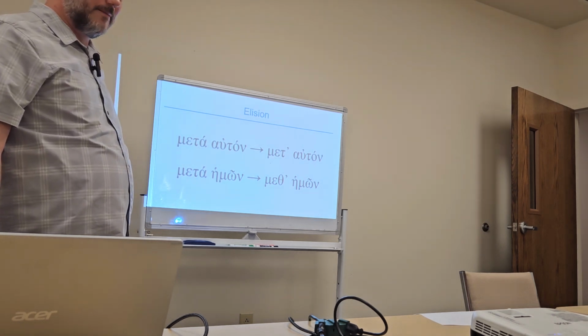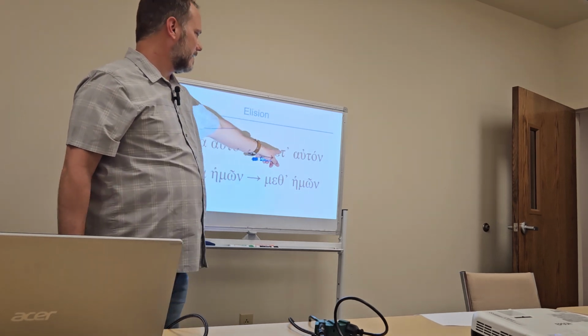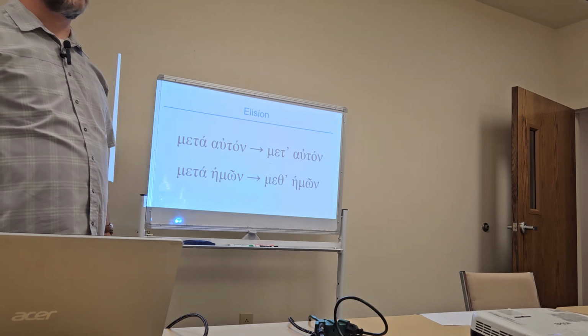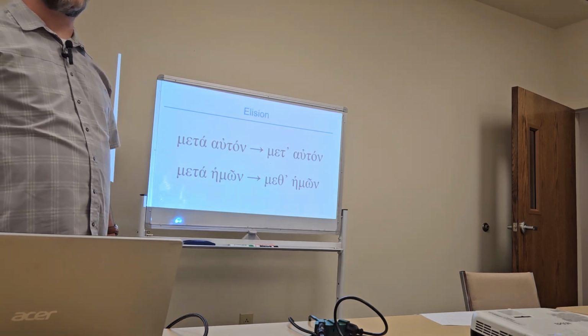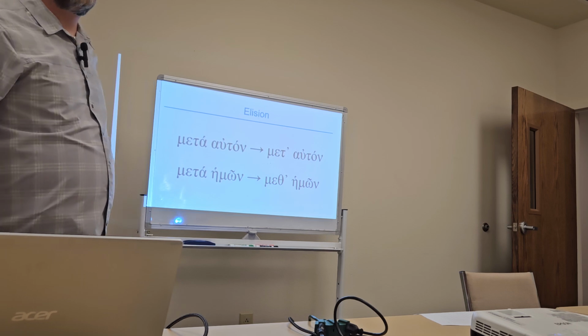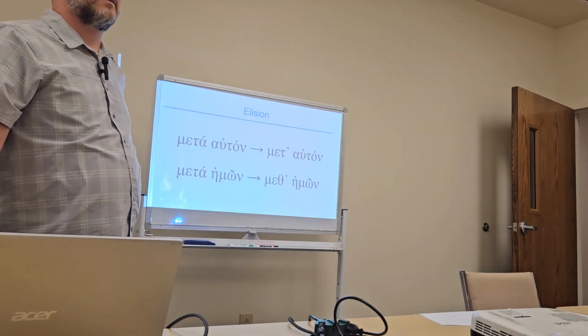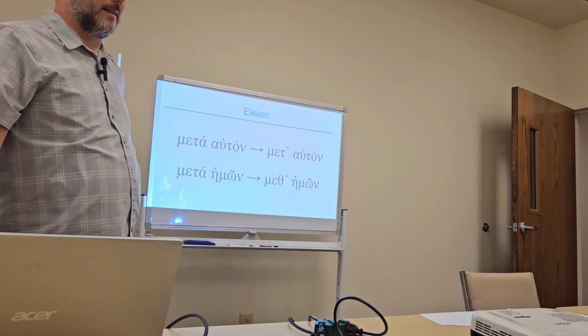So when we see this in our translations, once you start seeing your little apostrophe mark, think of it exactly how you would have it in English, like a contraction, if you will. If you want to think of an elision as kind of a contraction, that kind of works. But in English, we generally don't substitute sounds a lot. We won't change out a vowel or a consonant a lot.